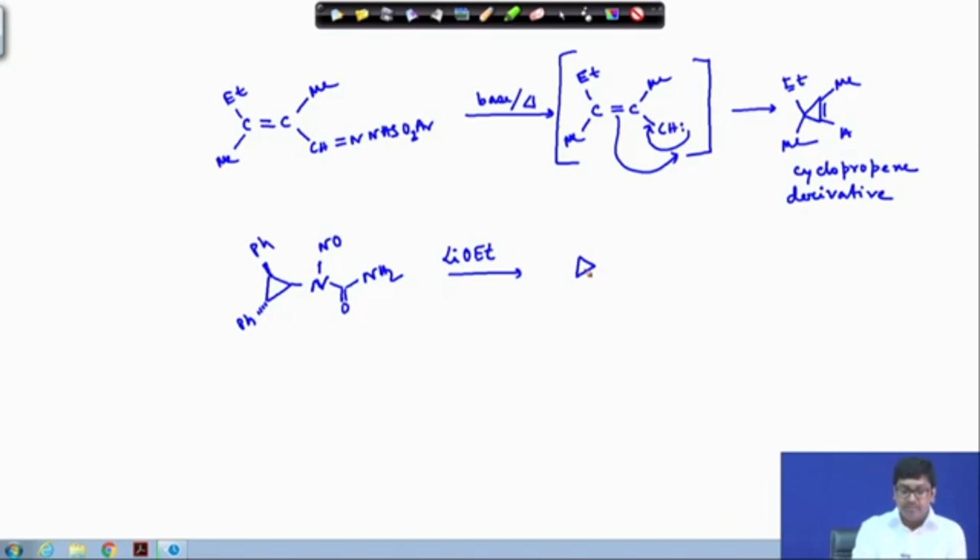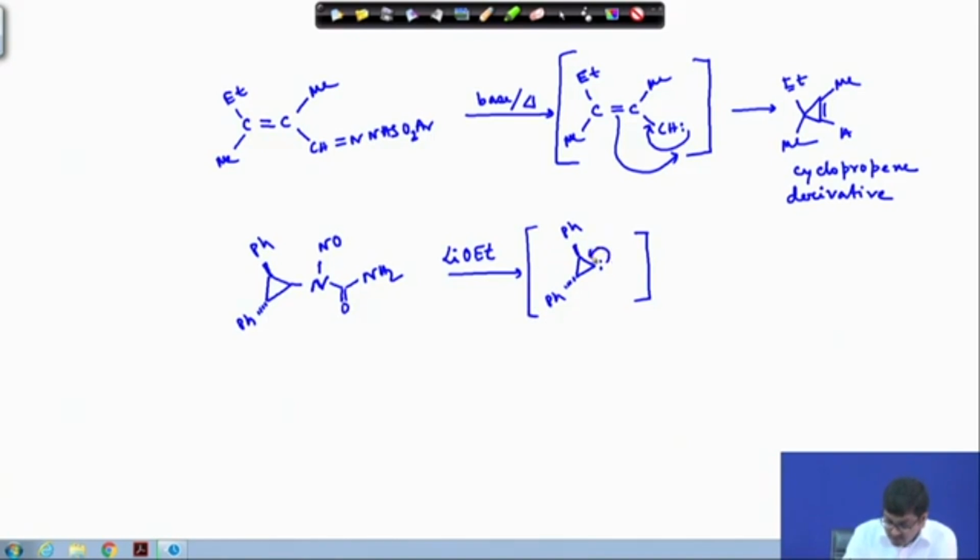So, here also we have taken a similar type of substrate, where this N-nitrosourea can be treated with base to form the corresponding carbene. As per example, here we have generated this carbene.